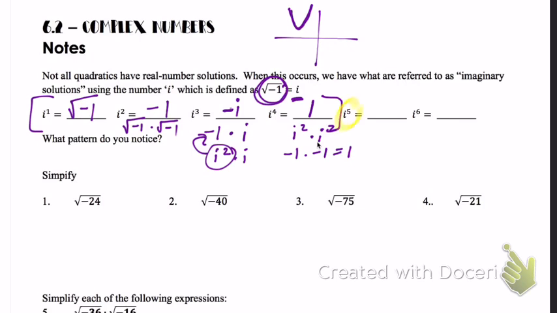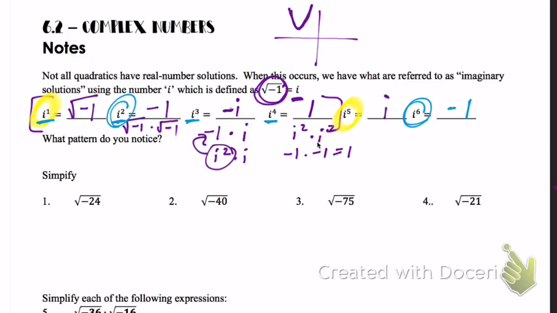So i to the 5th power is going to match the same thing as i to the 1st. So i to the 5th is the same thing as i to the 1st, so I can just say that that is i. I can say that i to the 6th is going to match whatever i squared is going to match. So i to the 6th and i squared will be the same, which is -1. So every 4th exponent, you repeat each other. So you only need to memorize i to the 1st, i squared, i cubed, and i to the 4th.